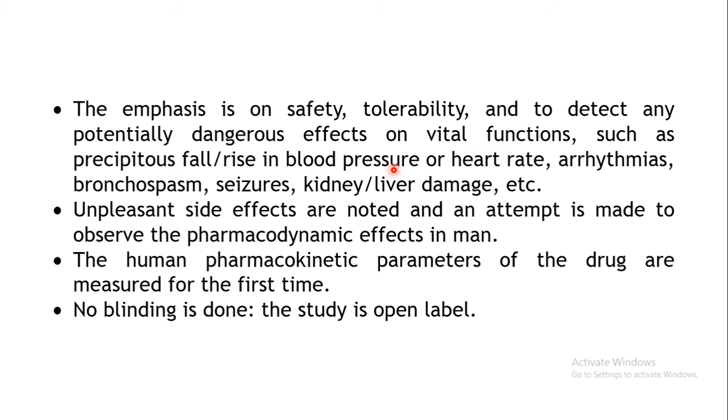For example, what is the effect on blood pressure or heart rate, whether it is increasing or decreasing, whether arrhythmias are precipitated or bronchospasm is induced by your drug, or seizures are precipitated, how it acts on the kidney or liver, and whether it is causing any harm or damage. So all your vital functions are continuously monitored to find out whether your drug is showing any adverse or untoward effects in the normal individual.